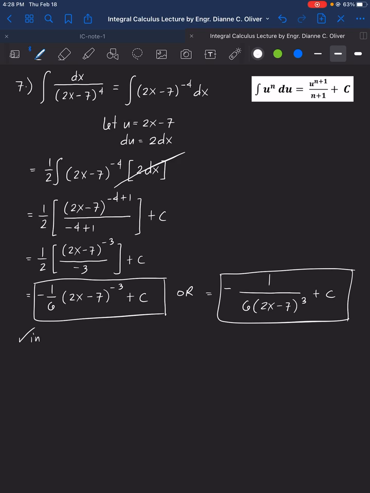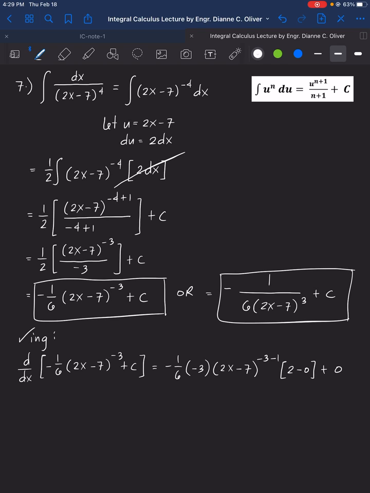Now checking if our answer is correct, we need to derive the answer and see if we can return to this original form. So we have the derivative of negative 1/6 (2x - 7) raised to negative 3 + c. So that is equal to negative 1/6. Bring down negative 3, the base 2x - 7, this is the u, then the exponent negative 3 minus 1, then deriving the u, the one inside the parenthesis, we have 2, then plus 0 for the derivative of c.